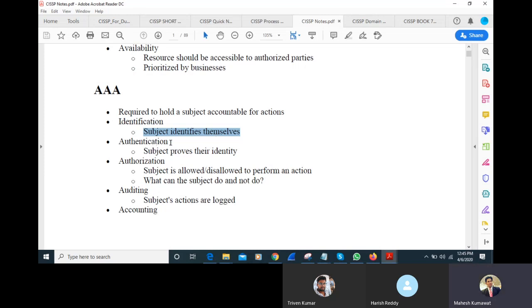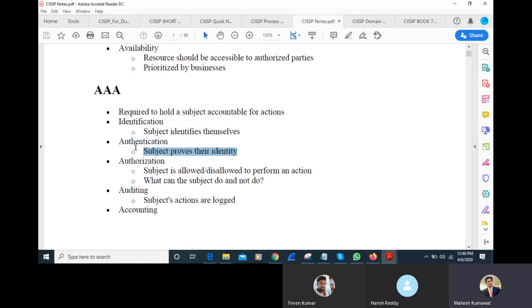Okay, what about authentication? Authentication is where the subject proves their identity, whether you are the right user or not, and whether your identity is correct or not. So it is called authentication. We have some authentication protocols.